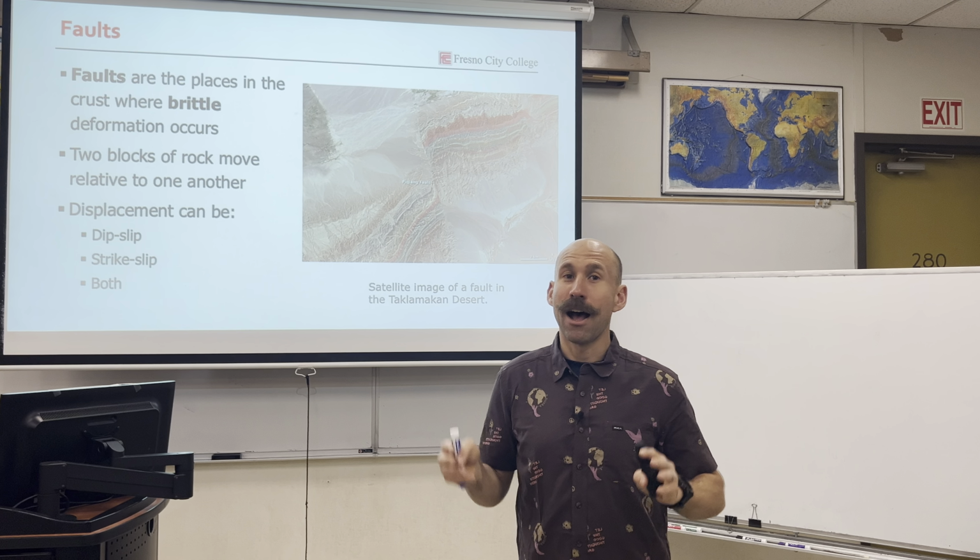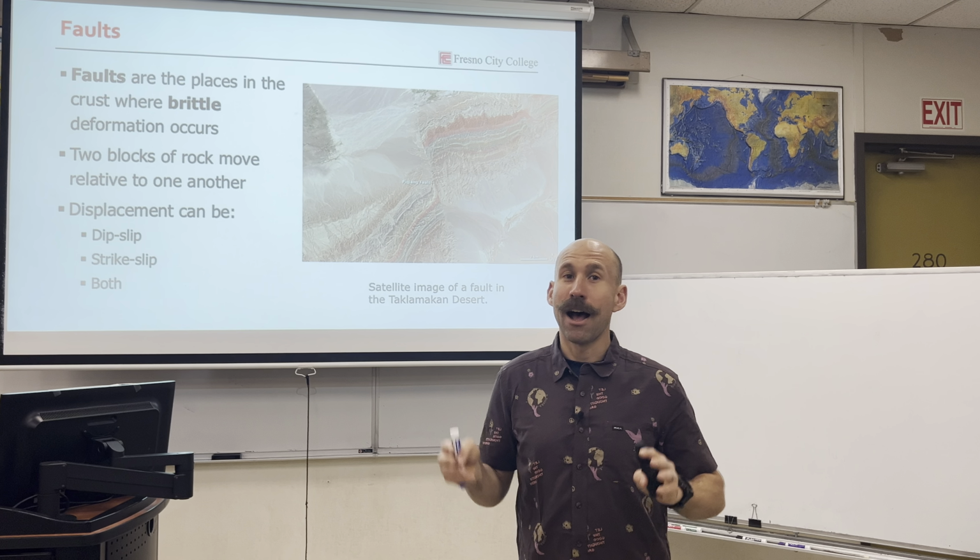And we differentiate the two by the direction of movement of the hanging wall with the foot wall. Normal faults are where the hanging wall drops down lower to the foot wall. So you can see the foot wall and then the hanging wall drops down lower to the foot wall.